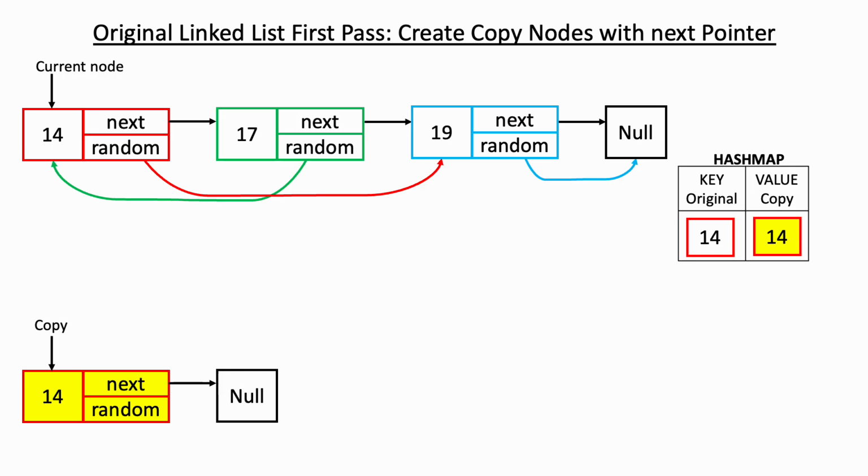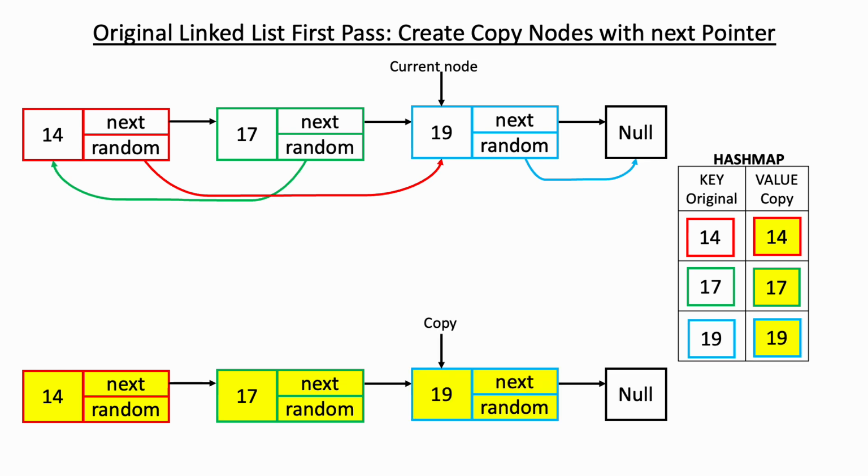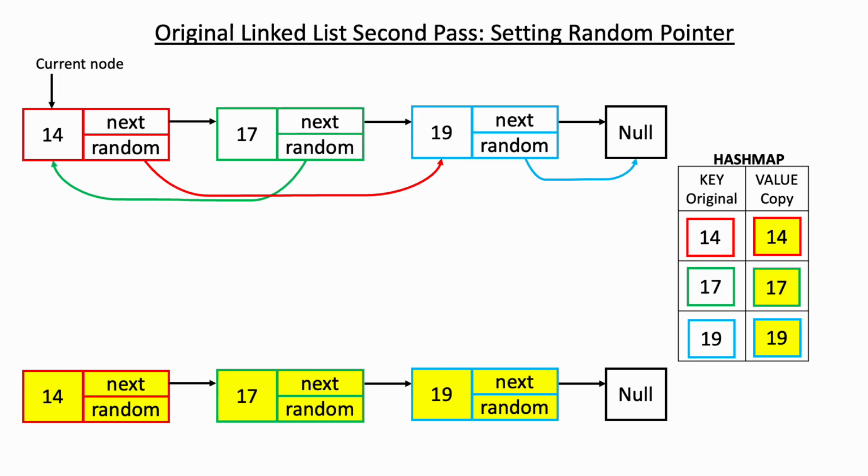The clone node here is a new node object with the same value as the original node value. We move the current node pointer to the next node in the original linked list, which is node 17. We create a copy node of current node 17 and make an entry in the HashMap. We move to the next node, which is node 19, create a copy node of current node 19 and make an entry in the HashMap.